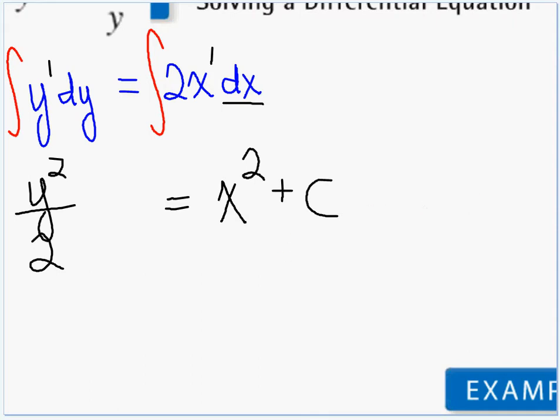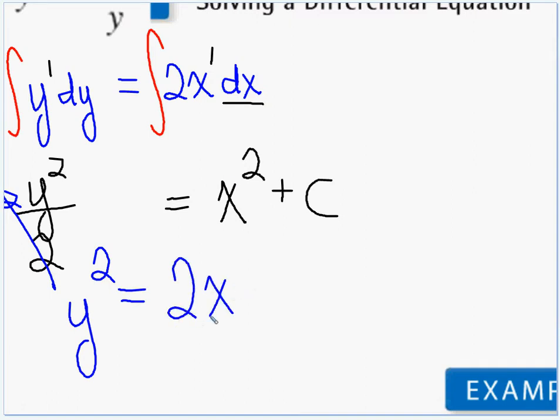And usually also you'll see the books will want to clear out any fractions. So here on this left side, we've got a y squared over 2. If we multiply through by 2, we'll just get this down to y squared equals. If we multiply the other side by 2, to be fair, we're going to get a 2x squared there, plus 2 times some unknown constant, which is still just some other unknown constant. So there's our final answer to that one.